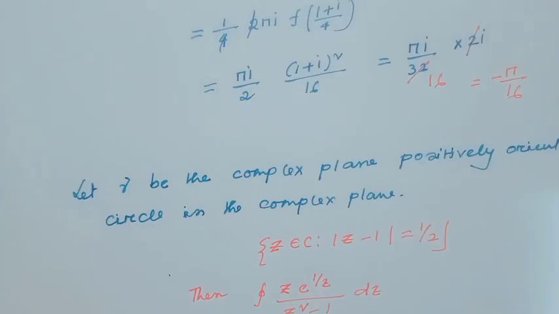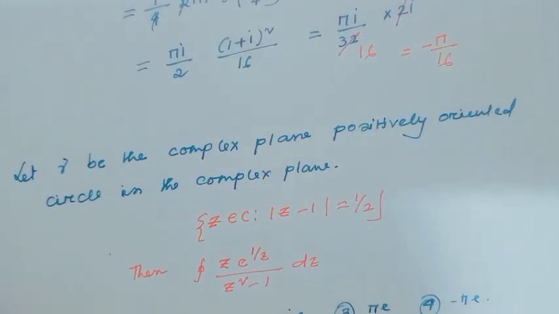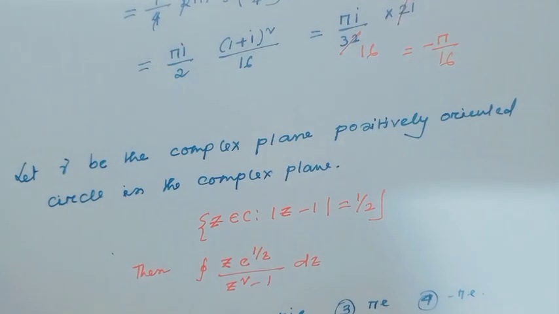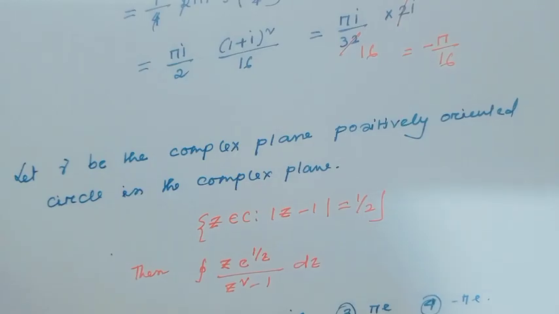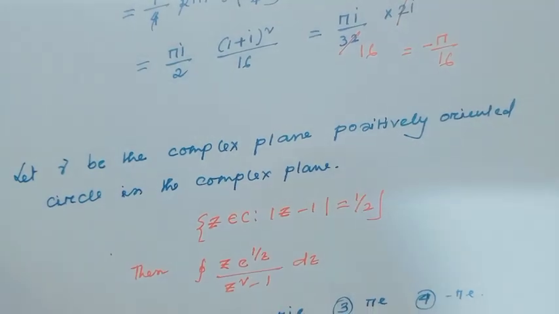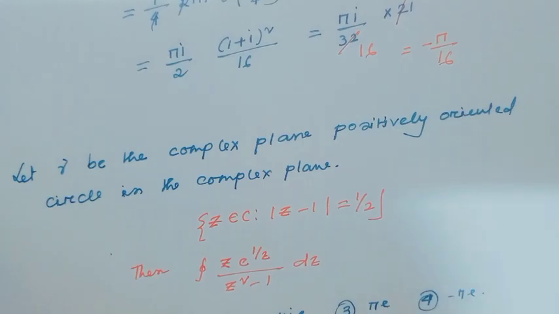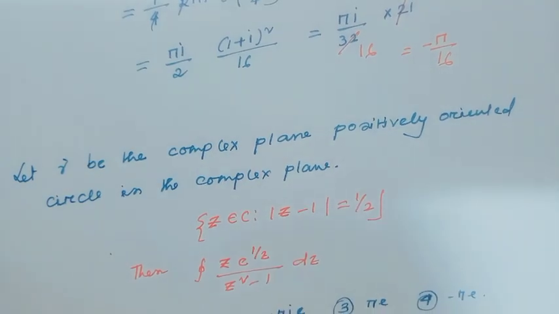Next question. Let gamma be the positively oriented circle in the complex plane, mod z minus 1 equal to half. That means the region is here the point 1, and here 3 over 2, and here half.